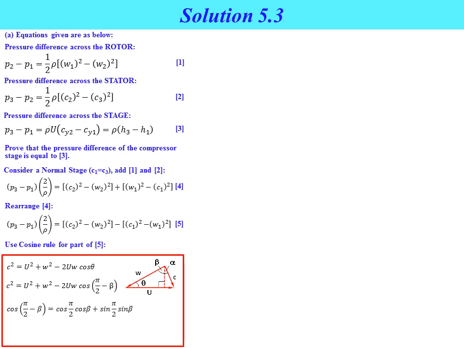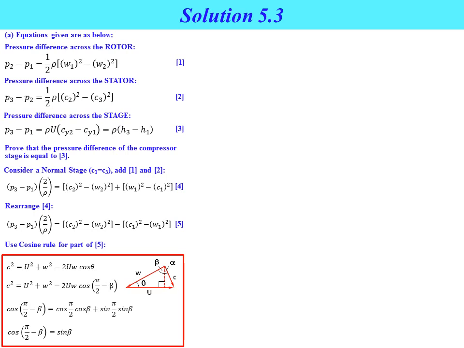By using the trigonometry rules for cos, cos of pi over 2 minus beta equals cos pi over 2 multiplied by cos beta plus sin pi over 2 multiplied by sin beta, and so cos of pi over 2 minus beta equals sin beta.